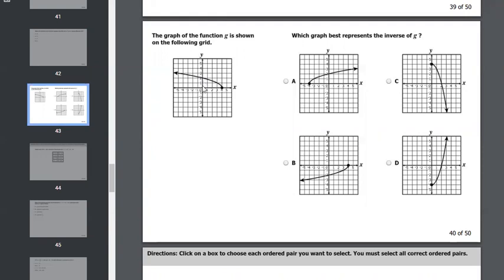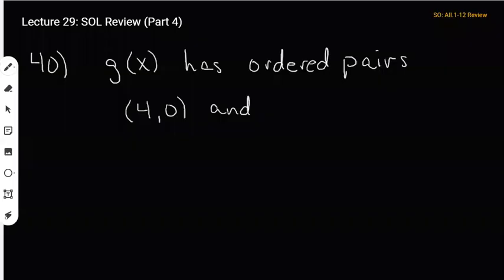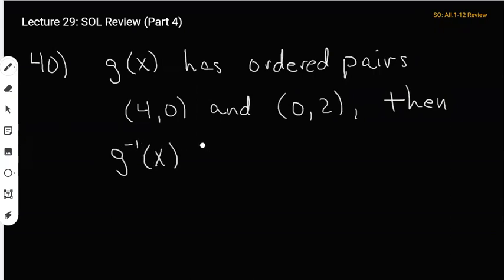The y-intercept is going to be this point right here on the y-axis, 0, 2. So if we know these two ordered pairs, then the inverse function, g inverse of x, has inverse ordered pairs.